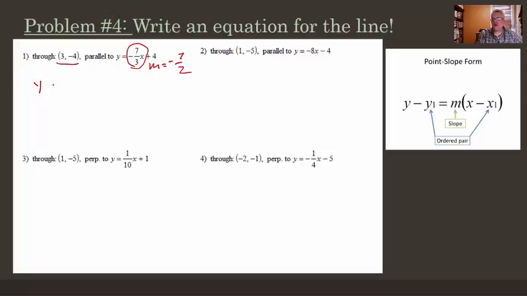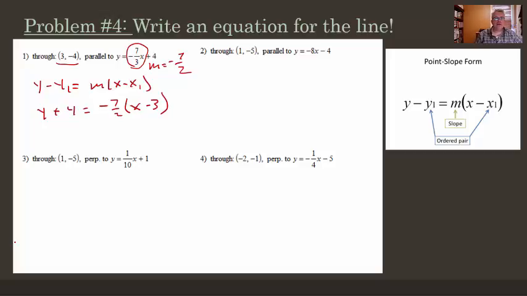So now I'm going to write the slope-intercept form, sorry, the point-slope form. y minus y1 equals m times x minus x1. So I'm going to do y minus a negative 4, which is plus 4, equals the slope times x minus x1, x minus 3.